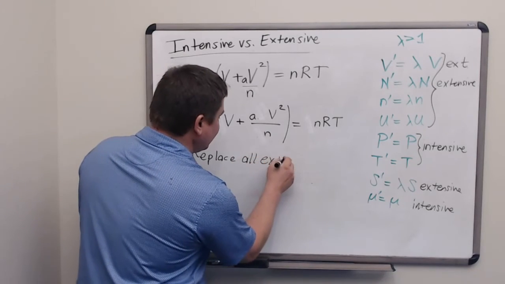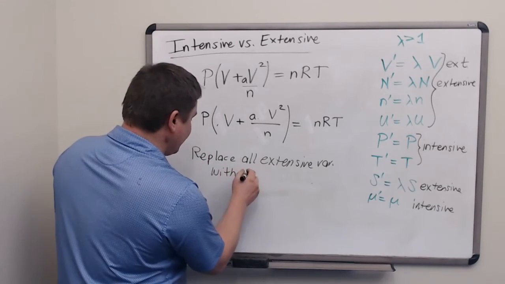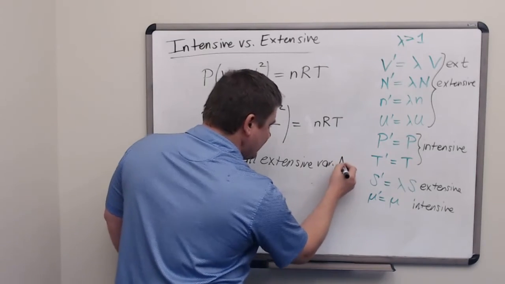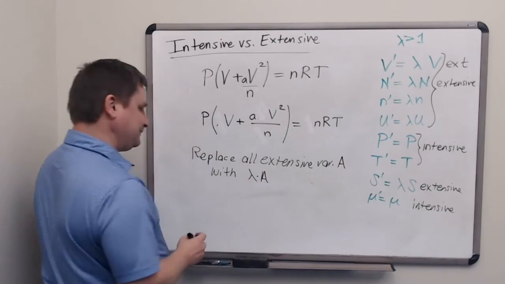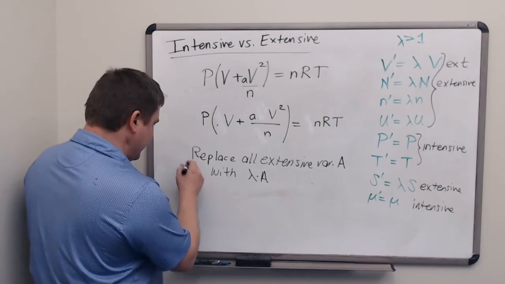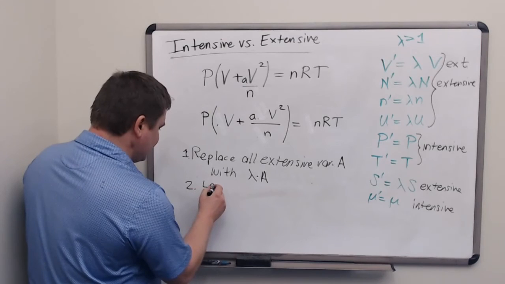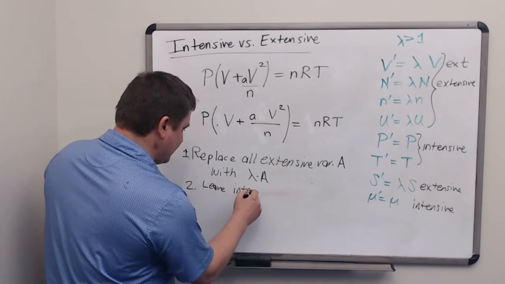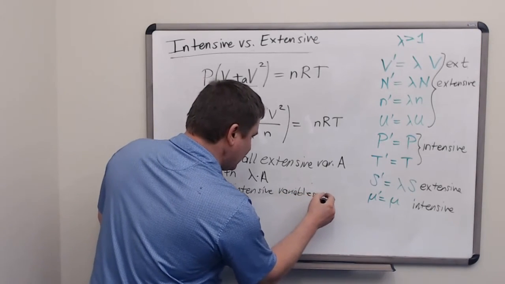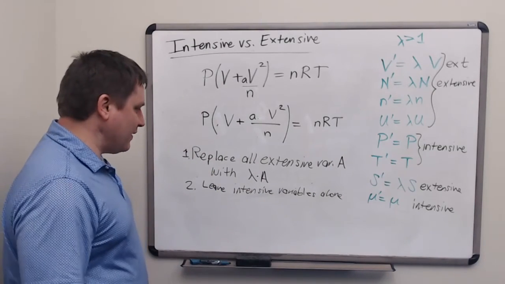Step one: replace all extensive variables A with lambda times A. Step two is to leave intensive variables alone. So temperature, pressure, chemical potential, density, we can just leave those the way they were.